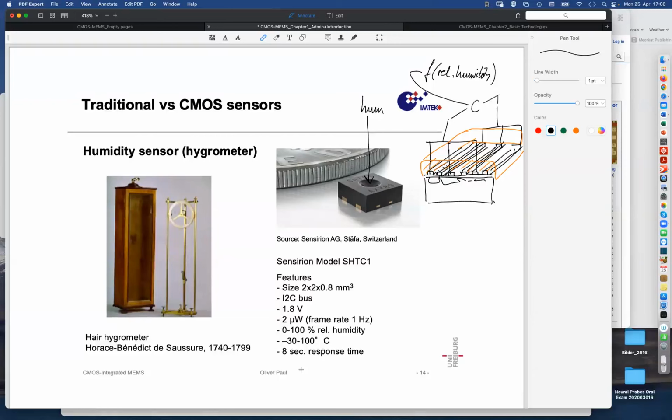I don't know what the newer sensors do. And this sensor here actually is an older model. The current model has a shape that looks like this. And if I remember well, it's 1.3 millimeter long, 0.7 millimeter wide, and I don't know, 0.6 millimeter high or something.